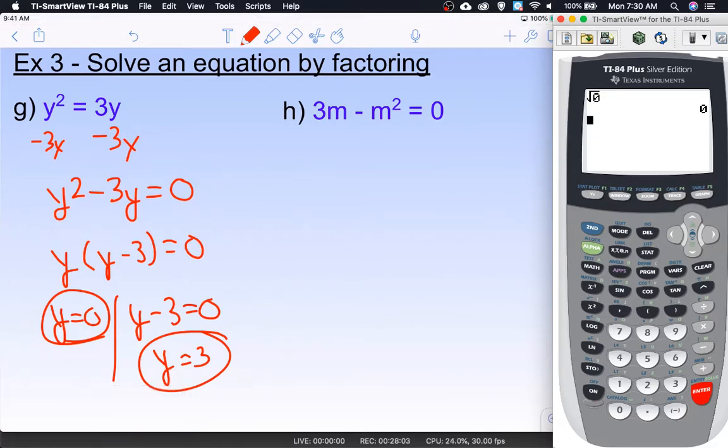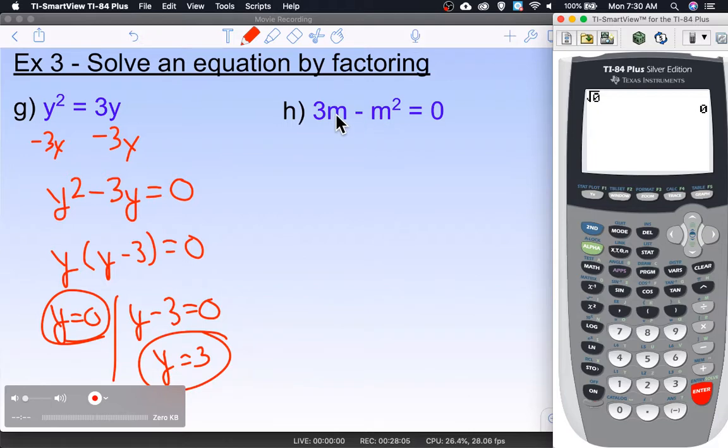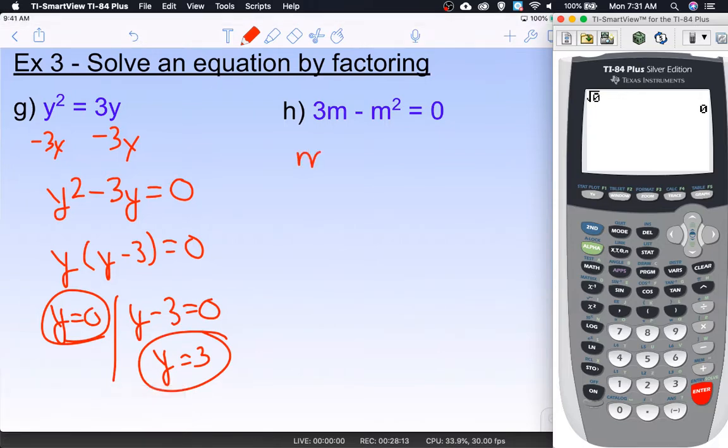Letter H, although the terms are slightly out of order, we usually have the m squared piece first. We can still solve. I can still factor out an m, giving us 3 minus m equals 0. So either m equals 0 or 3 minus m equals 0.